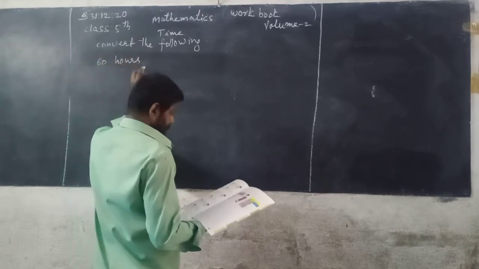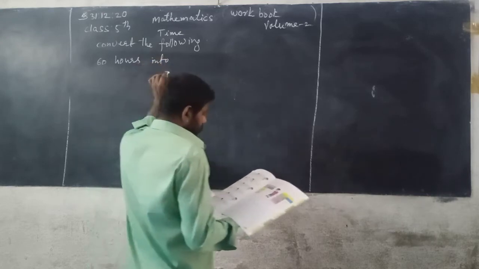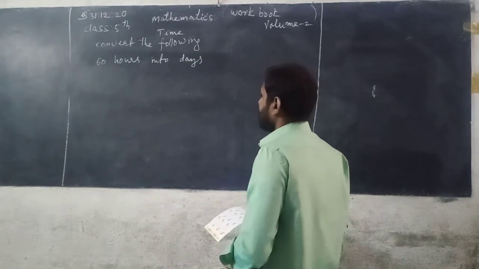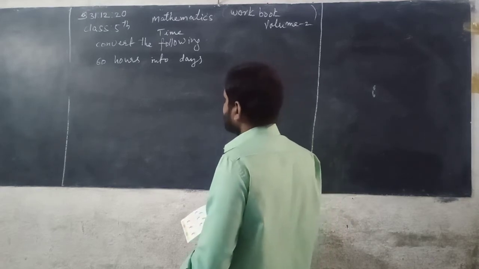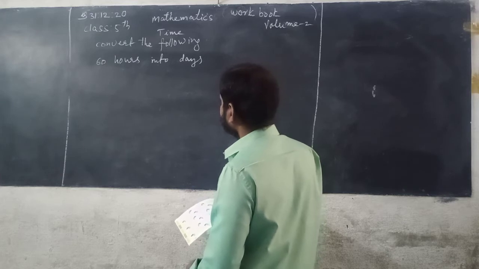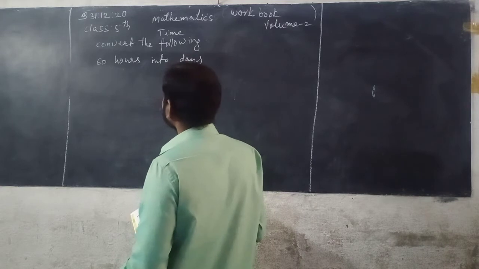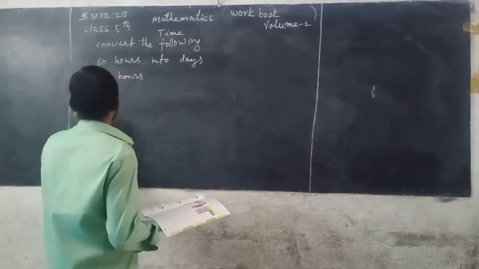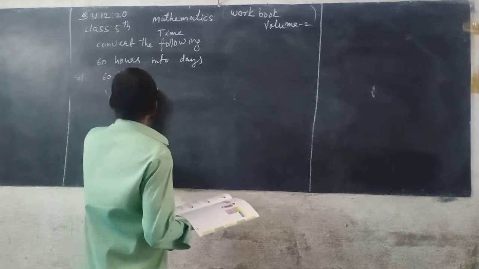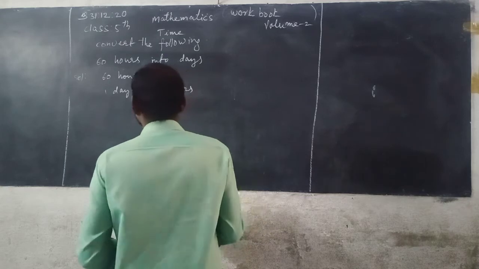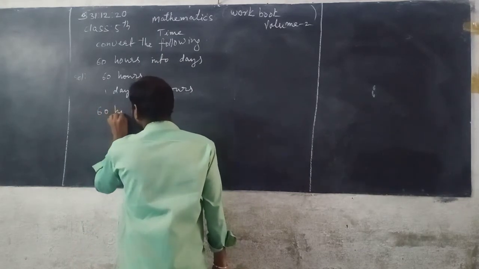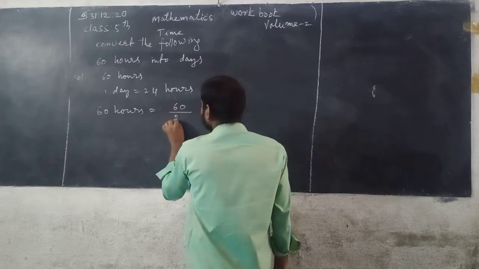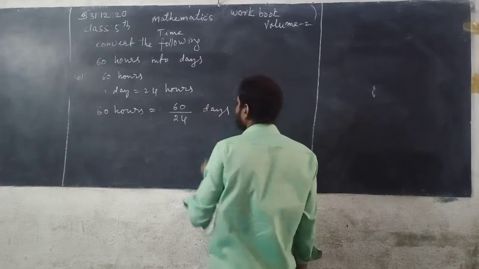Hours into days. Solution: 60 hours. 1 day is equal to 24 hours. 60 hours is equal to 60 by 24 days.